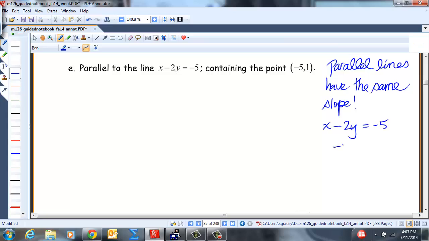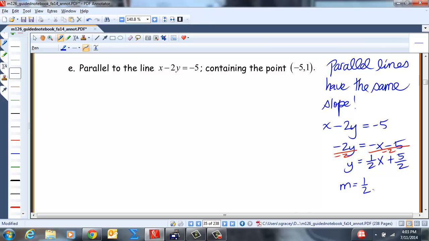If we isolate the y, we take away x from both sides, and then divide by -2 on both sides, we'll get positive 1/2 x plus 5/2. That was a result of dividing by -2 or multiplying through by -1/2. And so the slope of this line is 1/2. So that is the slope we will use for our new line.